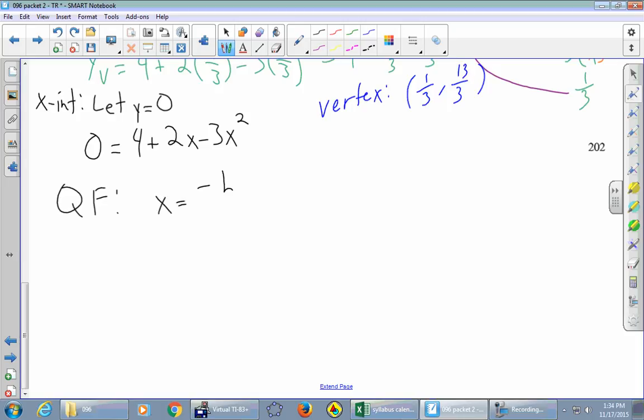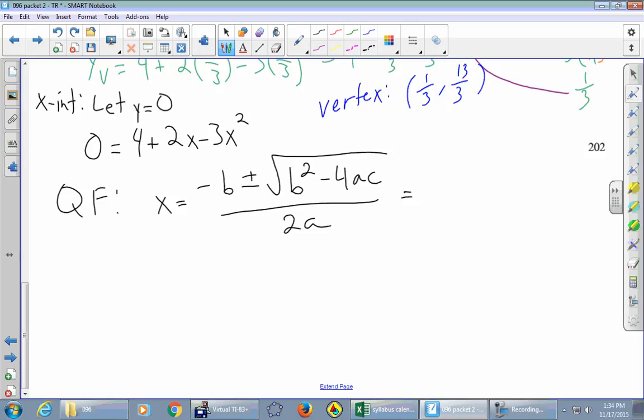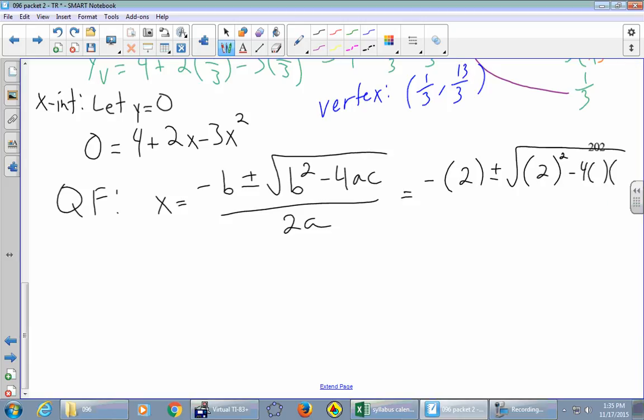X equals, let me copy all of this and then we'll change the letters to numbers. Okay, negative b becomes negative what? 2 plus or minus square root of b squared becomes what squared? 2 squared minus 4 times a times c.